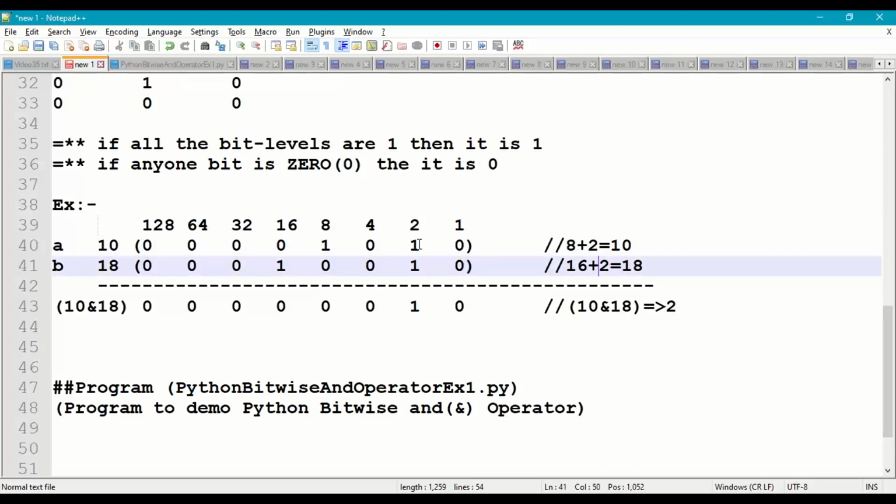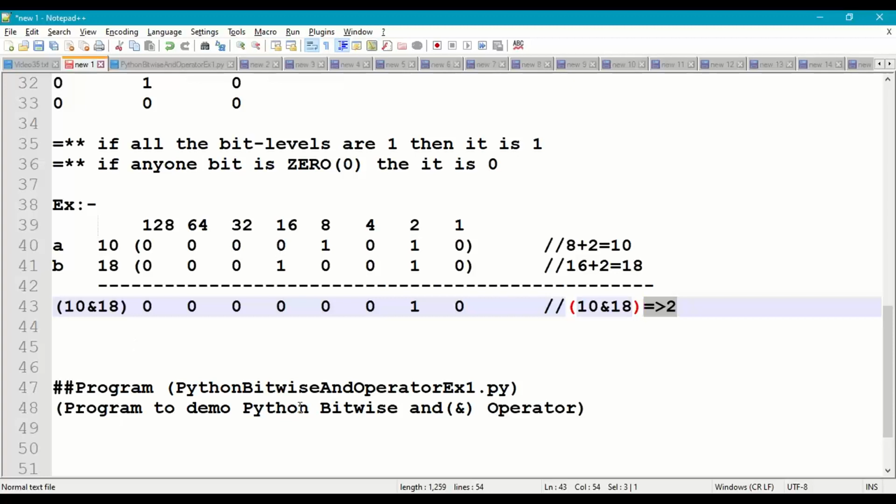Similarly for 18, we have 1 at this place and 1 at this place, so add 16 plus 2, and the answer is 18 in decimal. Now in this case, for 10 and 18, we have only one bit as 1, which is in the place of 2. So the answer is 2.